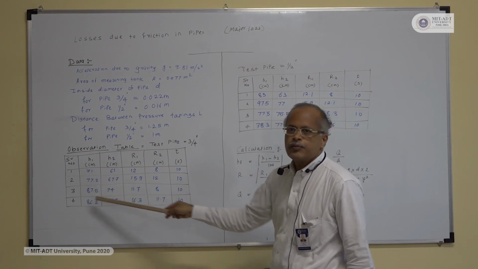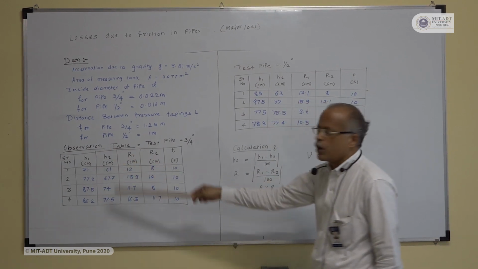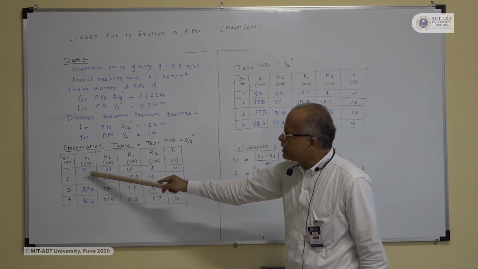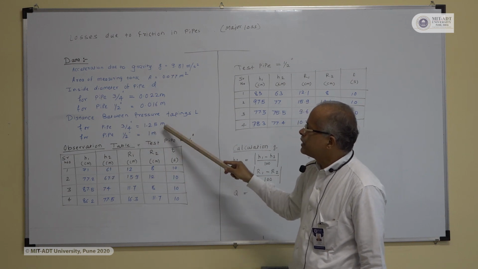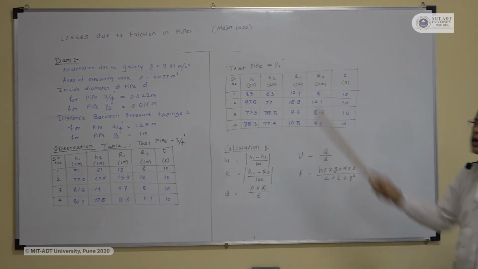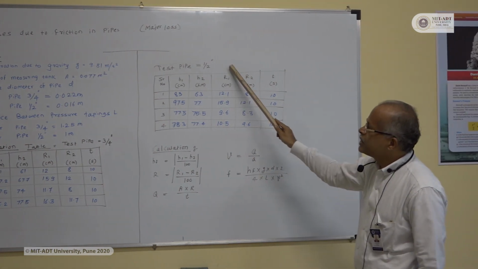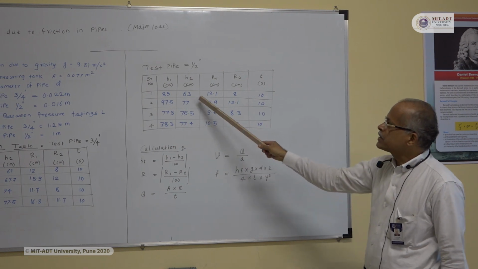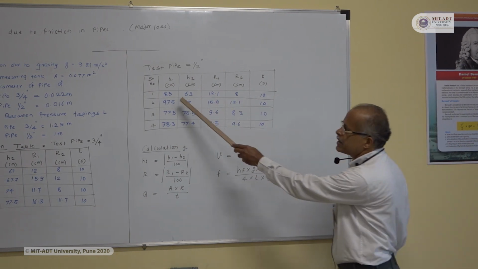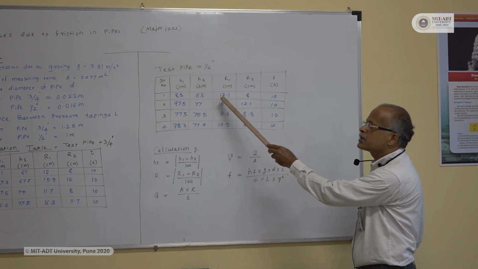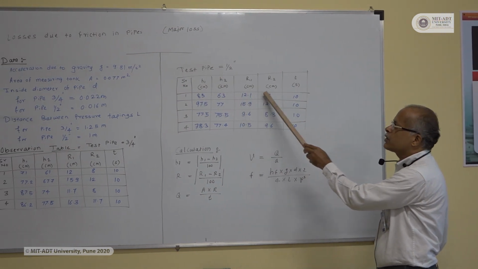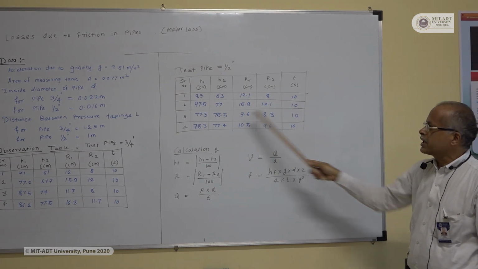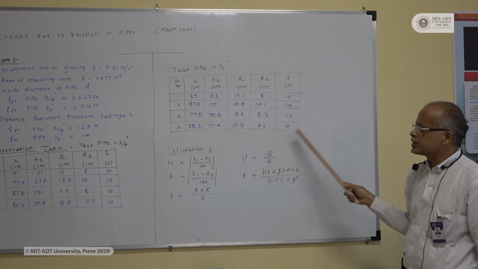This indicates pressure head loss when fluid flows through the pipe, and the distance between H1 and H2 is L. Similarly, the experiment is repeated for the half-inch pipe, sets 1, 2, 3, 4. The first set is H1 83 centimeters, H2 63 centimeters, R1 12.1 centimeters, R2 8 centimeters, and time 10 seconds. Likewise, second, third and fourth sets.